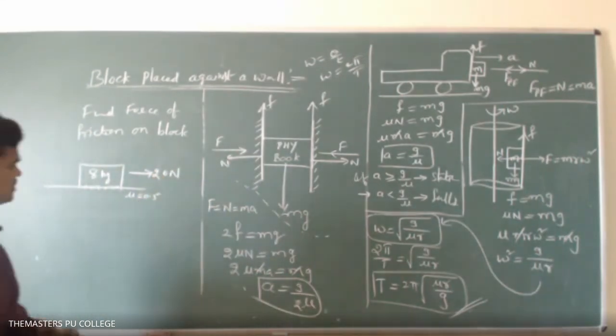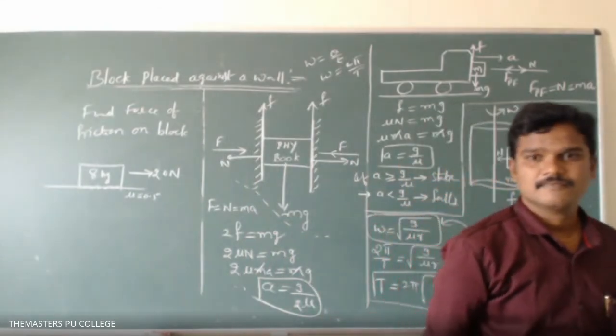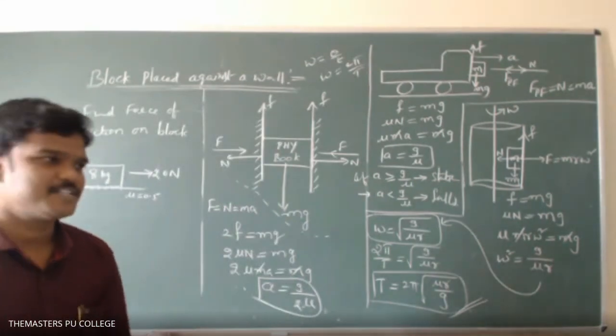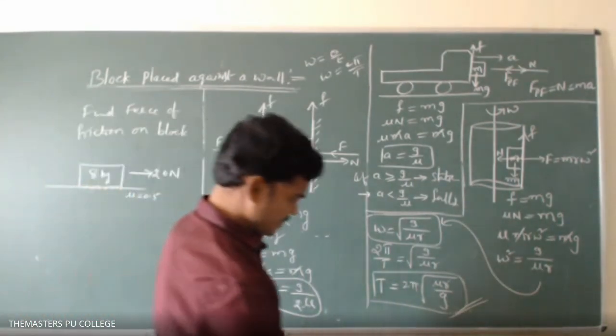Find the force of friction on the block. Simple question I am giving. 8 kg is given, pulled with 20 Newton, and the coefficient of friction is given as 0.5.